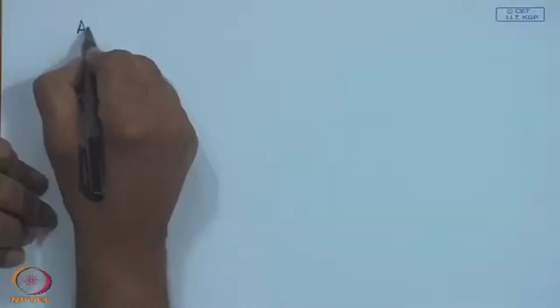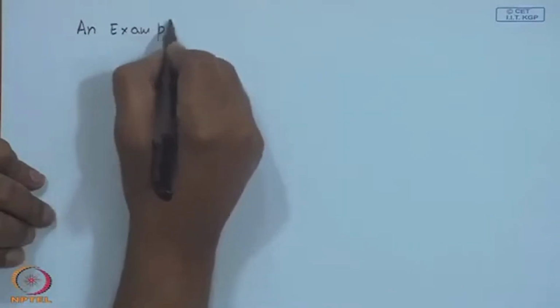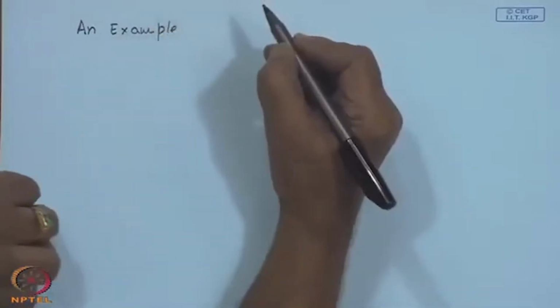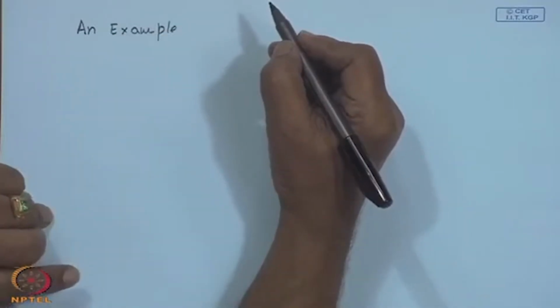Now, to consolidate these ideas, we shall take up an example and see how much we can do. And I am deliberately giving many relations which we have gone through earlier. In fact, if you solve this problem, more or less almost all the methods that we have covered would be covered.